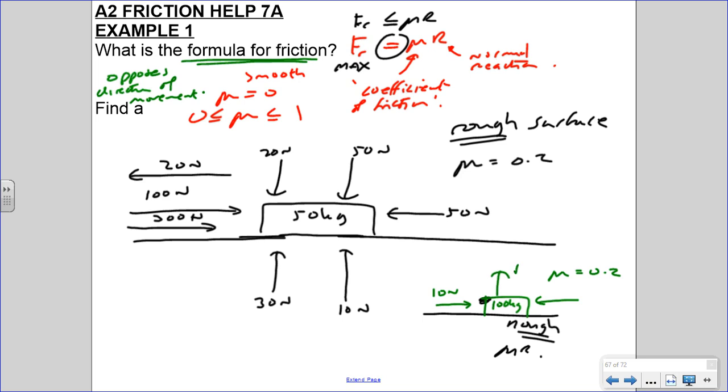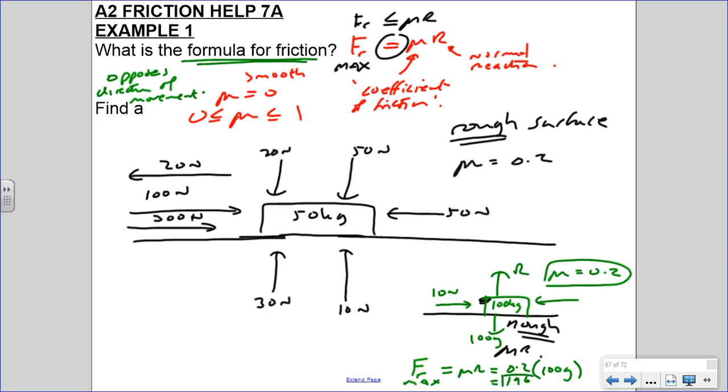So here we have our R, and here we have 100g. So F max equals mu R, remember? The maximum friction this thing can generate is 0.2 times R, which you can see is 100g, so 0.2 times 100g is 196 newtons.